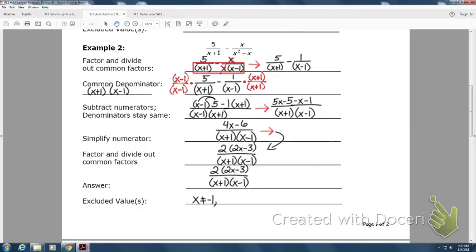That is going to give me what excluded value? 1. What other excluded value do I need to include? 0. Because if you set, and we canceled it out, and this is why we should have done it before we did the canceling out, that x right there, you set that equal to 0. Well, there's nothing else to do. So one of those excluded values has to be 0.